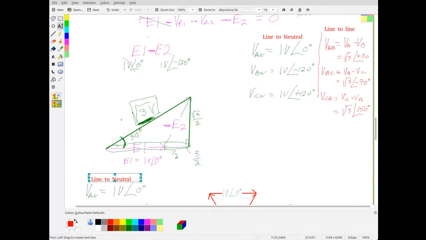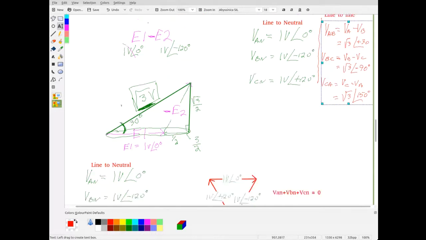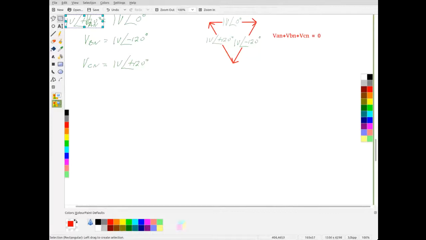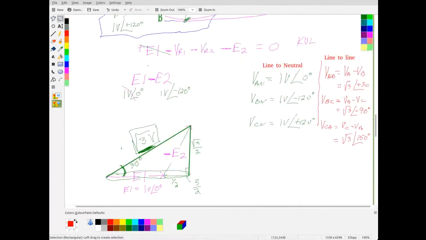So now let's come up here and take these three. Okay, so we'll take these three over here. Oops, guess I didn't copy them. Line to lines.